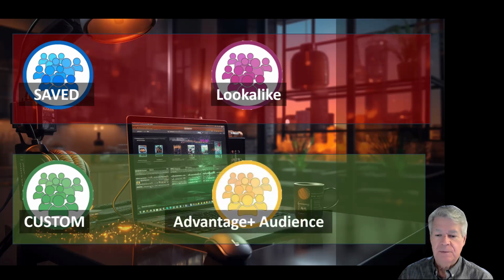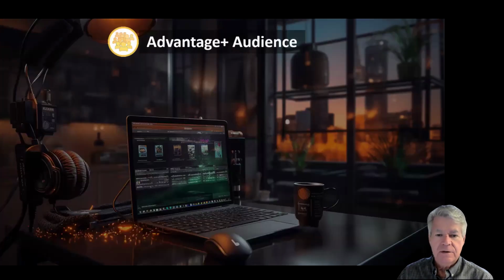Now let's add Advantage Plus audiences to our group of Meta audiences. We'll explore how Advantage Plus audiences can help you grow your other audiences. Advantage Plus audience creates audiences dynamically in real time based on signals that you control indirectly.